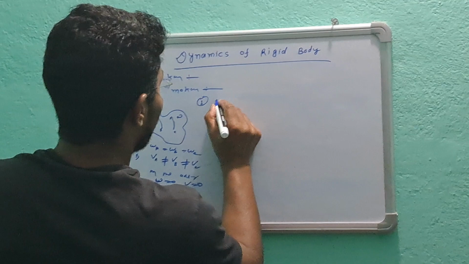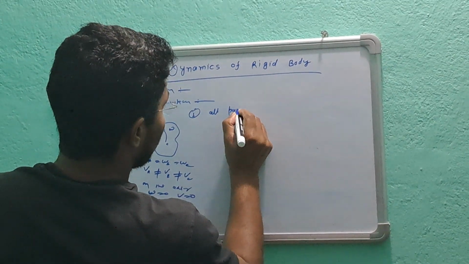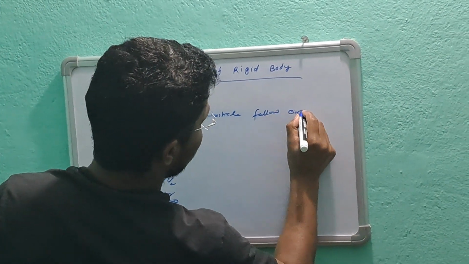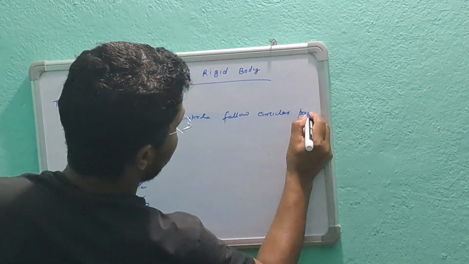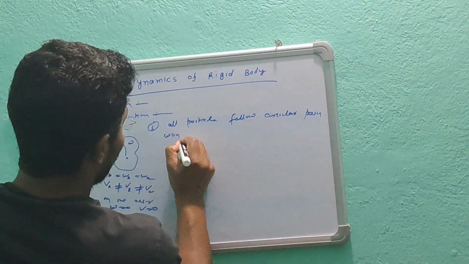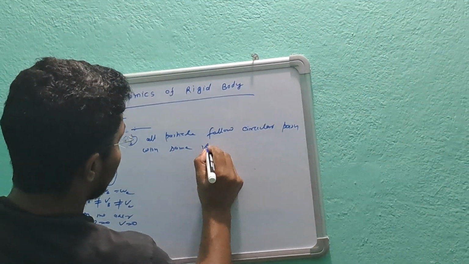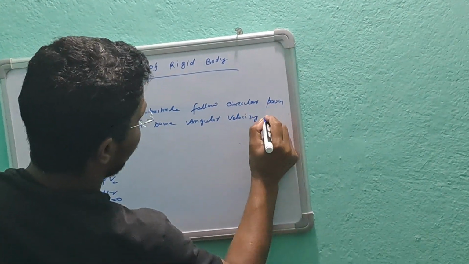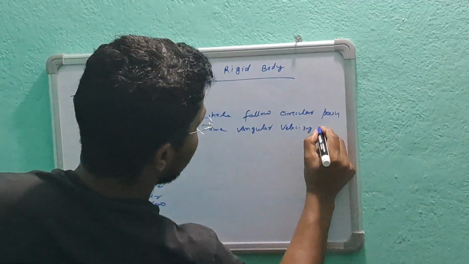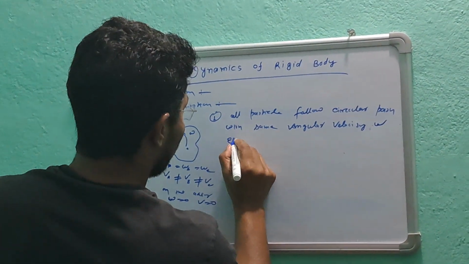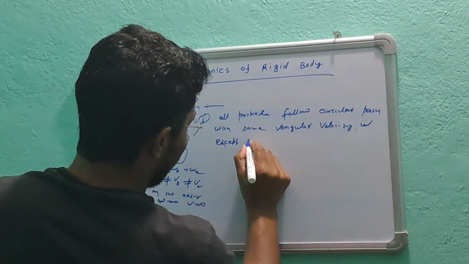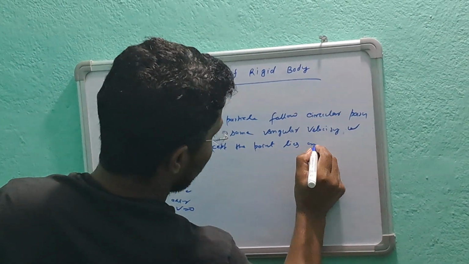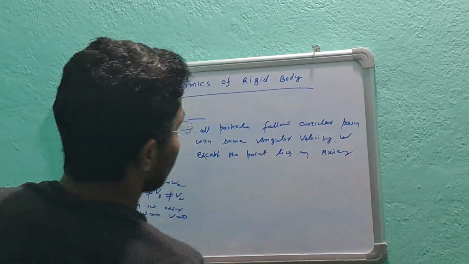So the first one: all particles follow a circular path with the same angular velocity omega, except the point that lies on the axis.